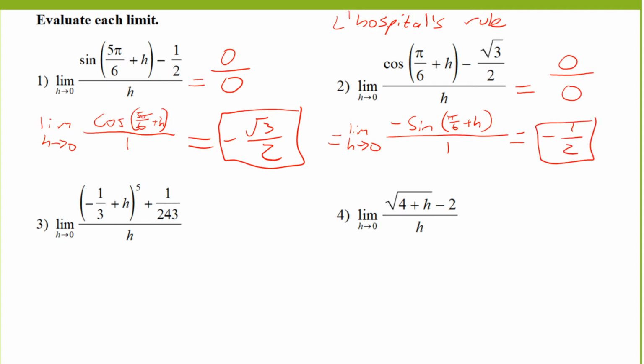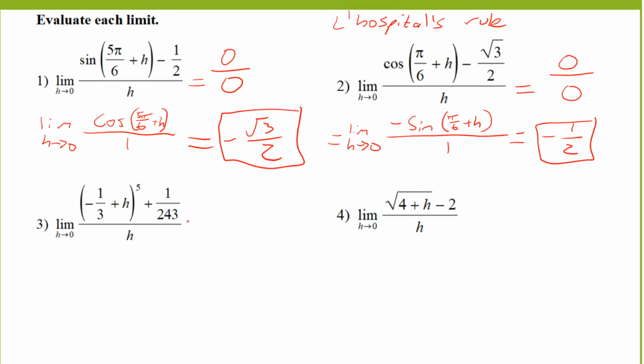Okay, over to Sarah next. Sarah, first I'm going to plug in 0 for this, so I have negative 1/3 raised to the 5th power. 3 to the 5th power is 3, 9, 27, 81, 243.